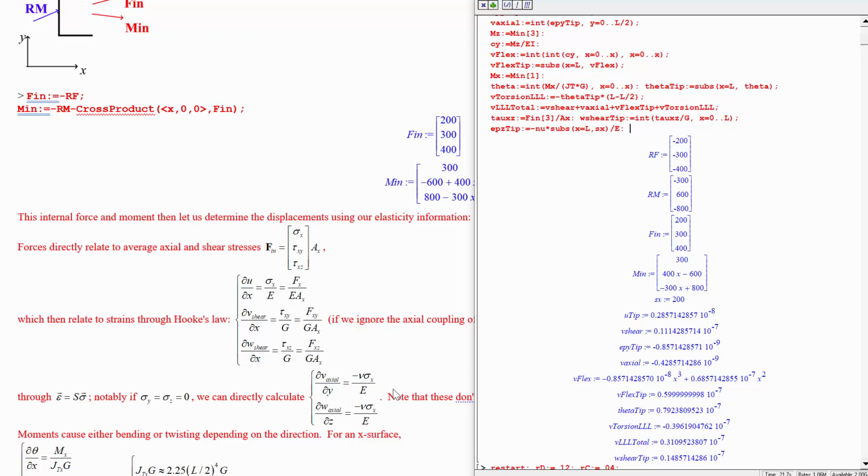And now that we've got that, we can figure out what W axial will be at the corner by saying W axial LLL is equal to the integral of epsilon Z tip from really Z equals the middle to the end.